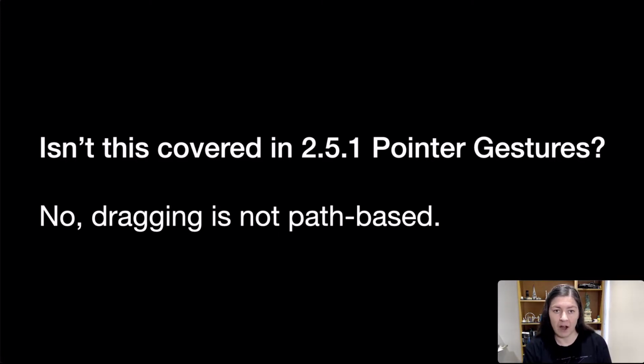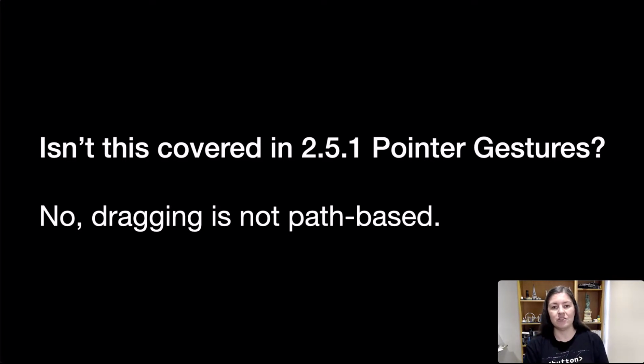So swiping right to execute a particular function is an example of something that is covered under pointer gestures. Drag and drop is not covered by this, because whilst there is a point A and a point B, the path that you take in between those 2 points is entirely up to you.